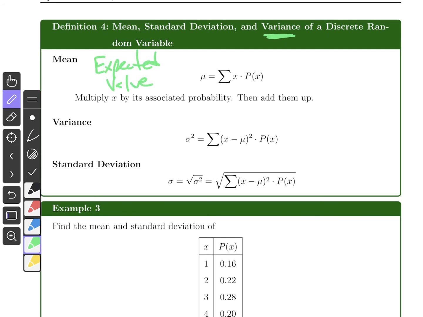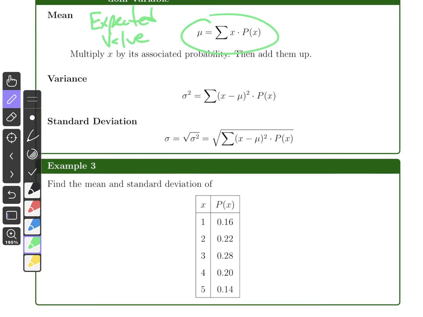I don't know if the book or your homework does that, but an expected value means that if you were to play this game long enough and keep taking the average of your outcomes, because remember, that's what a mean is, if you were to continue taking the average of all your outcomes, that's what the expected value is. That's exactly what this number is going to tell you: the mean of all your outcomes.